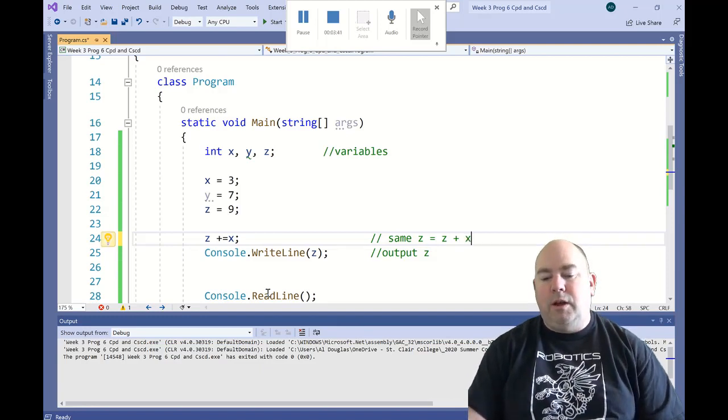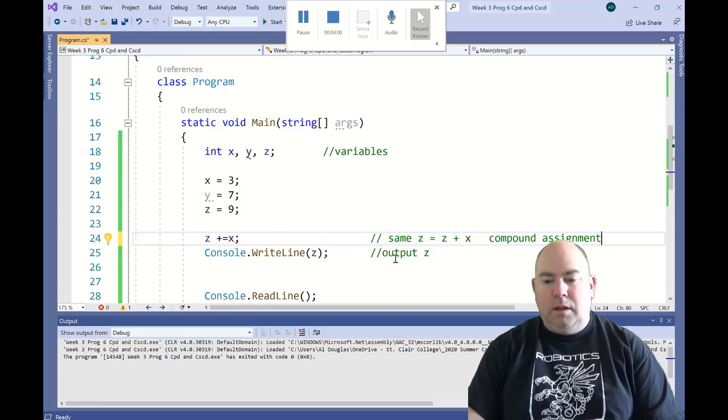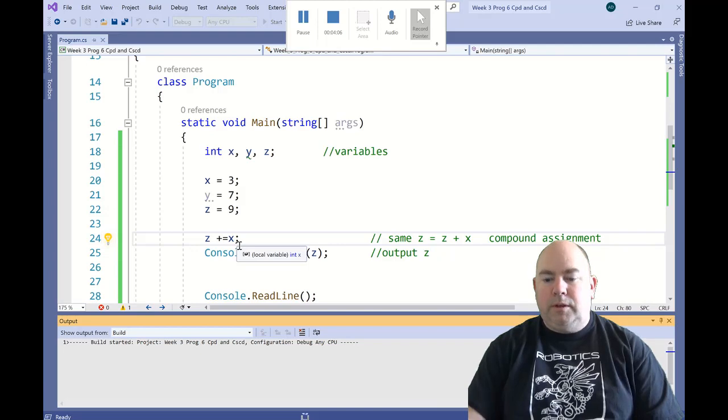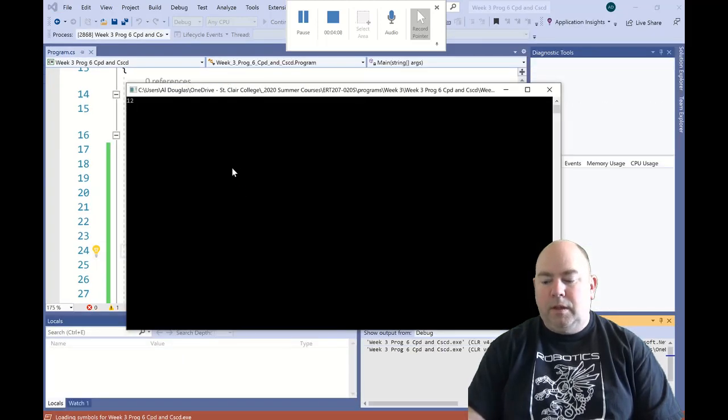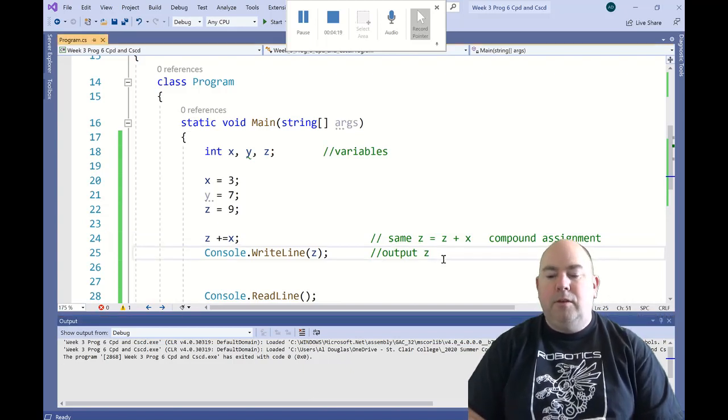So that operation does the same thing, and that's a compound assignment. You can see that still gives us our 12. So that is the way that is written. So that is compound assignment.